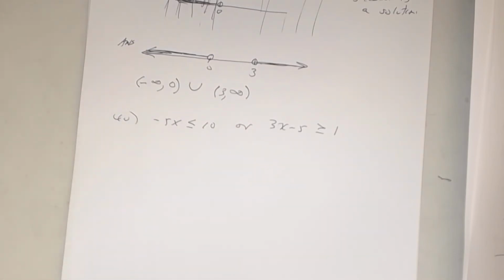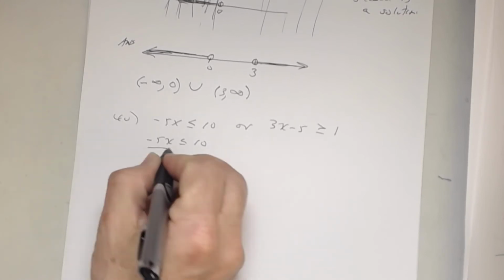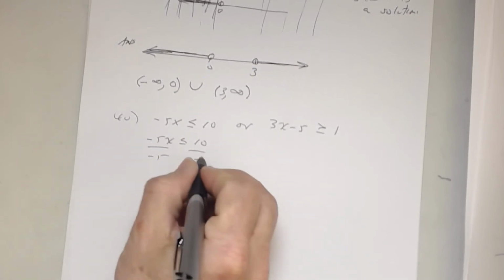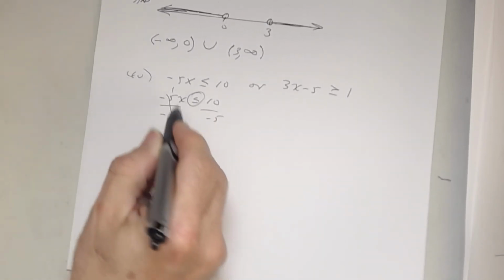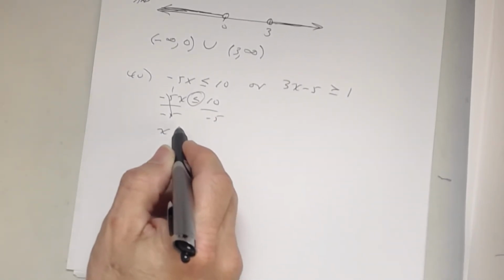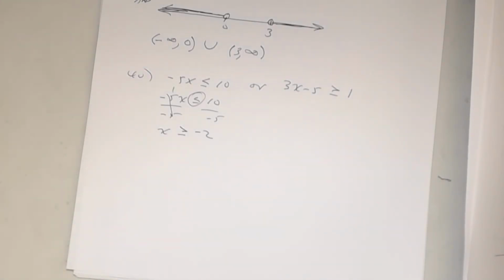So what about the first one? Divide both sides by negative 5, but then I've got to remember to reverse. So my solutions would be any number that is what? Greater than or equal to negative 2. Now, I just found the solutions to which inequality? The first one. Now, technically, would that be a solution to the second one as well?